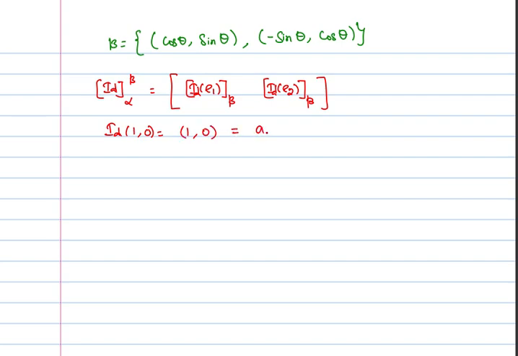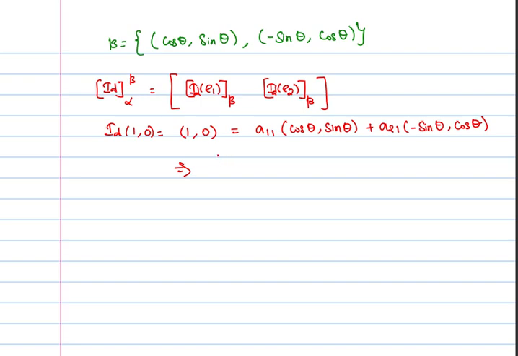So A11 times cos theta comma sin theta plus A21 times minus sin theta comma cos theta. So this is the system of equations.